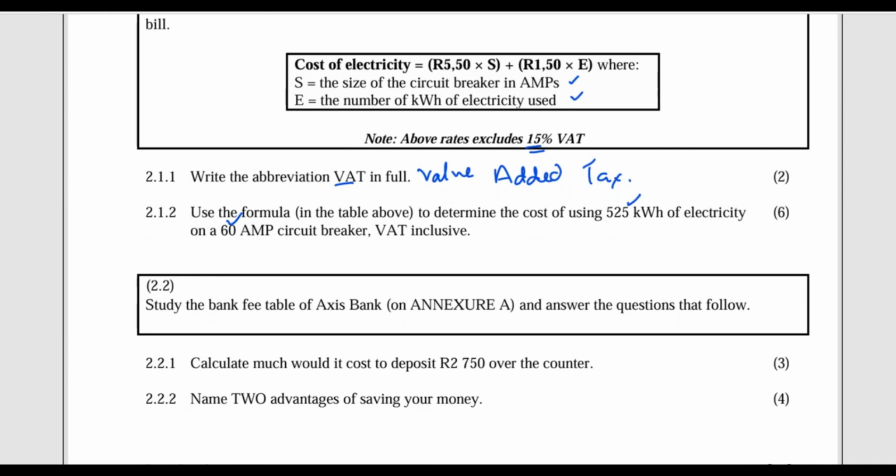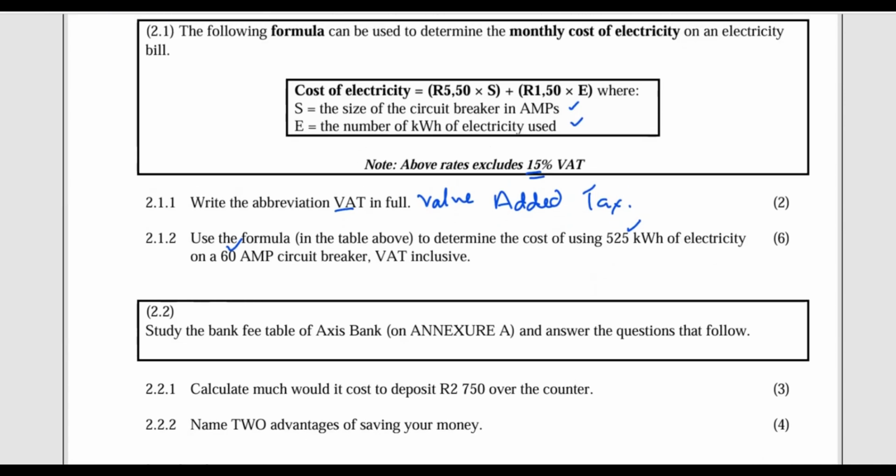So what we're going to do is start by substituting. Let's get the VAT exclusive price. We said 5,50 multiplied by the circuit size, which is 60, plus 1,50 multiplied by the units, 525.